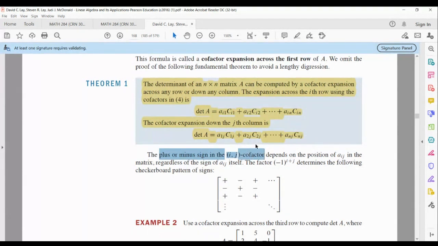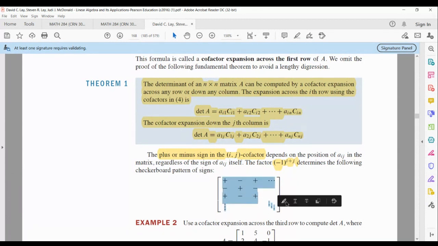Incidentally, the plus or minus signs that are part of the cofactors, there's a little thing that I find very helpful. Every cofactor has a (-1) to the power i plus j.